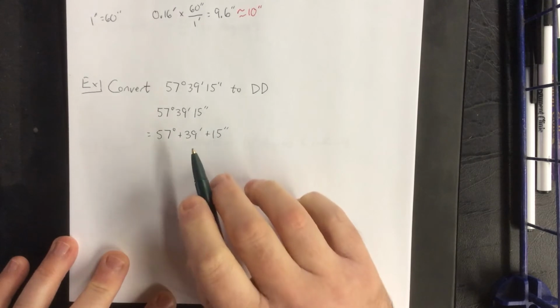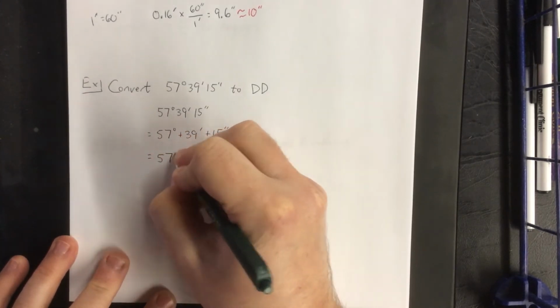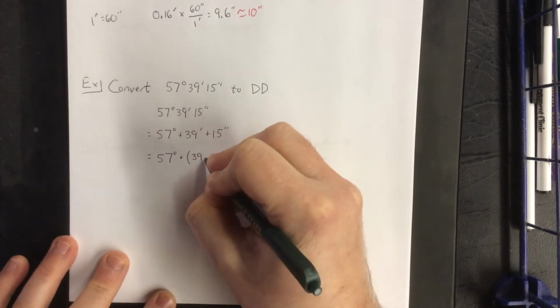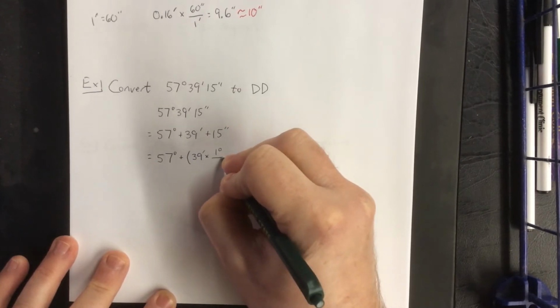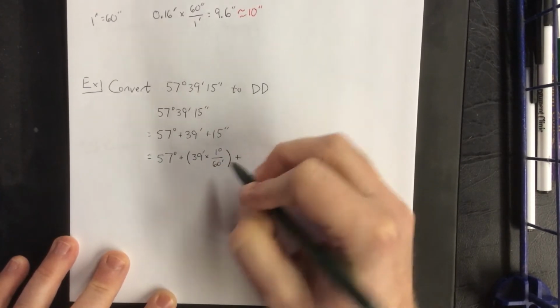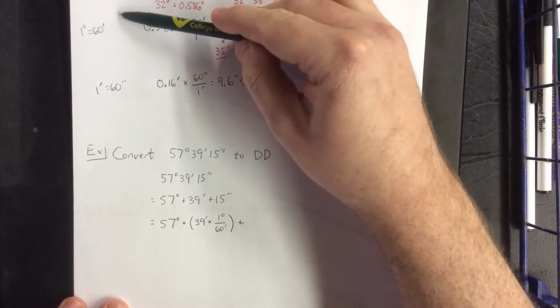In order to convert from minutes back into degrees, I'm going to take my 39 minutes and multiply by 1 degree per 60 minutes. That's going to give me a total number of degrees. That's the same conversion as what we were using back on the top part of the page.